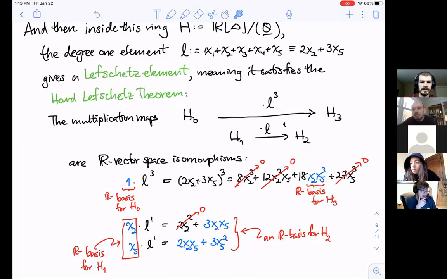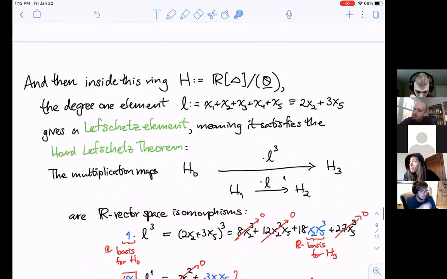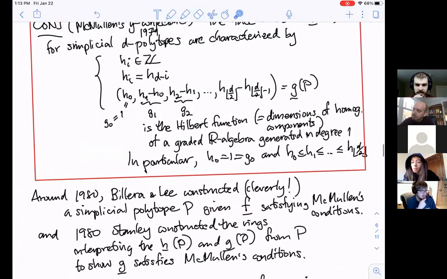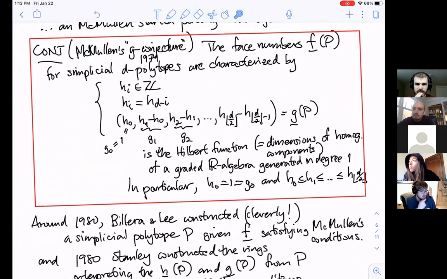Yeah, so the main problem with the g conjecture, I believe, was finding a graded algebra with all the right dimensions, and so I take it that this new quotient describing the g vector wouldn't be that ring.